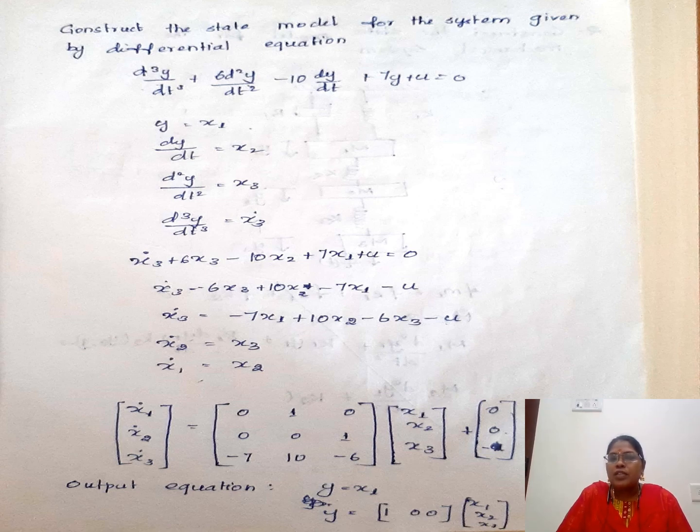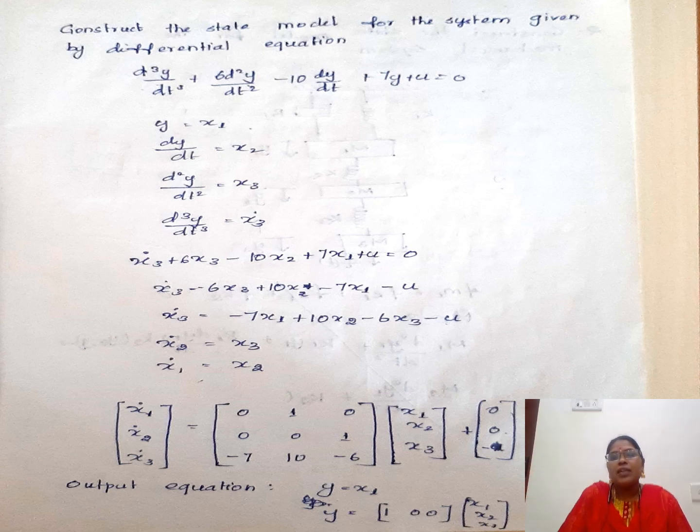I'm converting this entire equation into first order derivatives with state variables. Differentiating with respect to t, I'm considering that as x2. One more differentiation gives x3. Because this is a third order equation, I have to go up to d cube y by dt cube. But there is no need to take it as x4, since that gives more state variables and we need only the first order derivative.